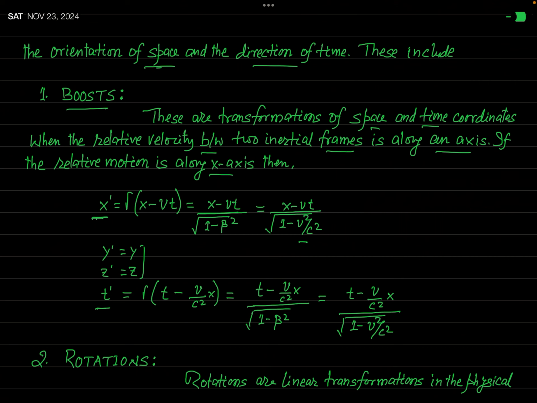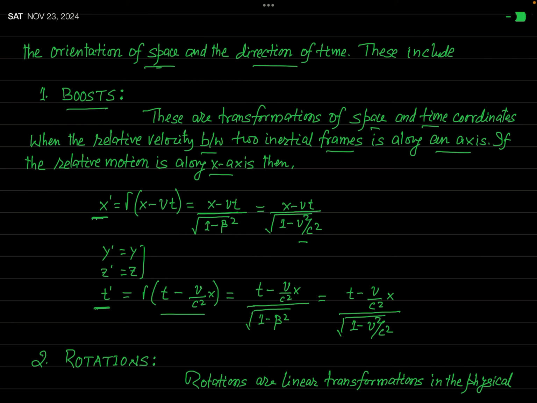But when the same event is observed by the observer of the moving frame S dashed, he measures the time of the event as t dashed, which is not equal to t but equal to gamma times (t minus v over c square times x).